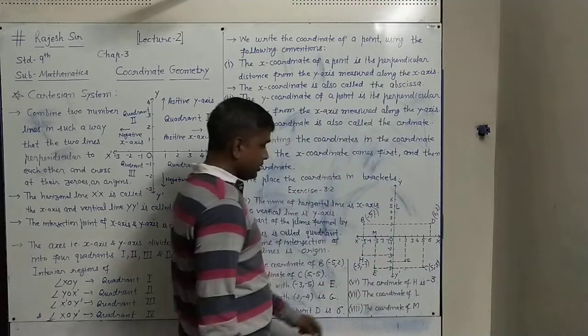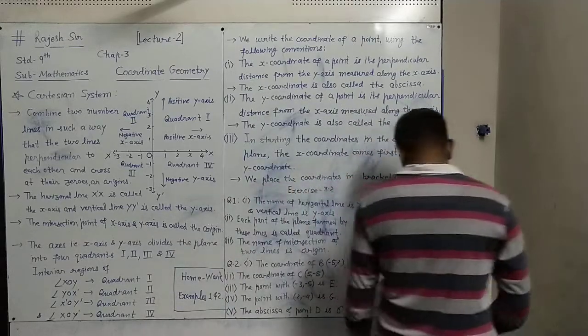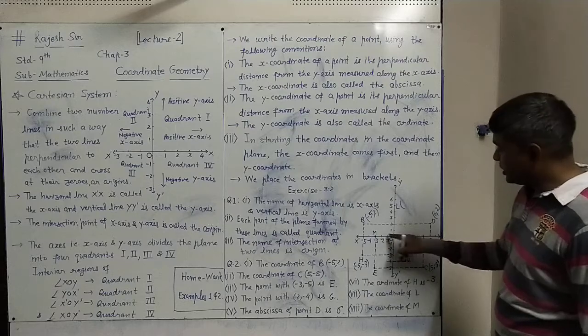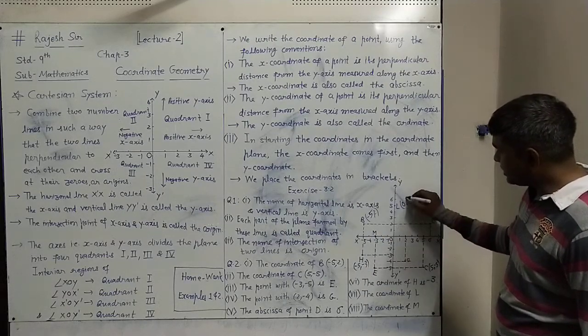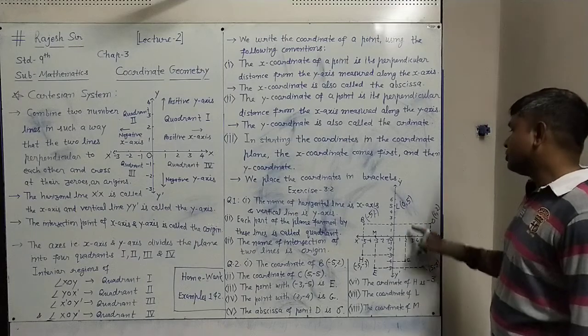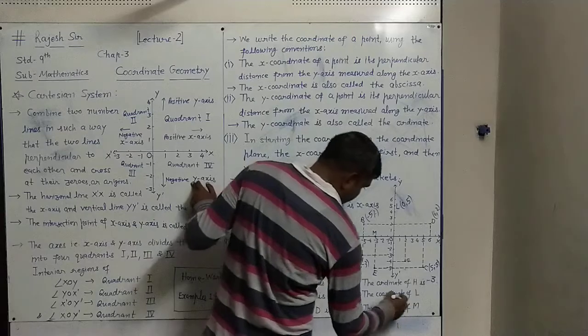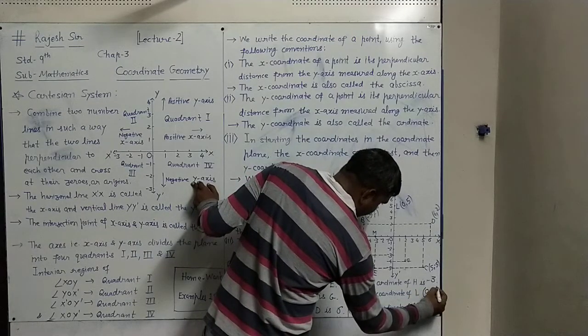Similarly, the coordinate of L. Along the x-axis no distance is there, so 0, and along the y-axis 5 is there, so 0, 5. So the coordinate of L is 0, 5.